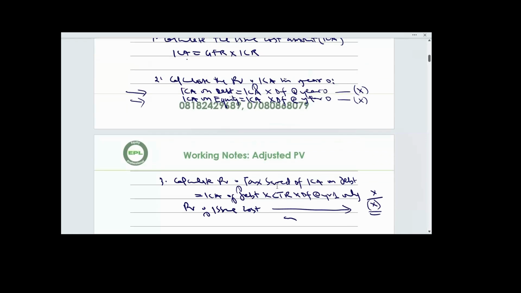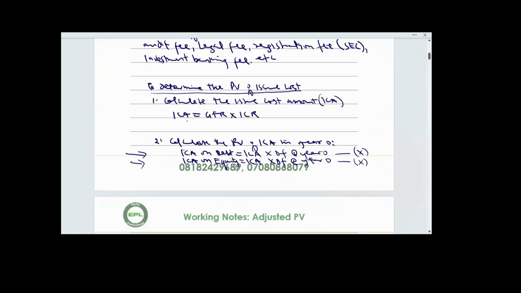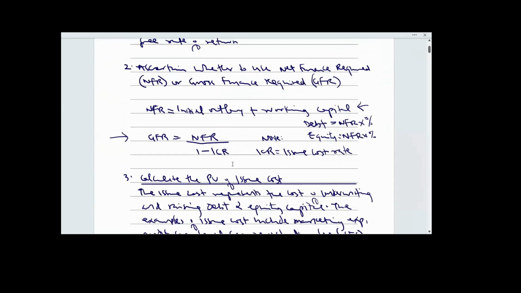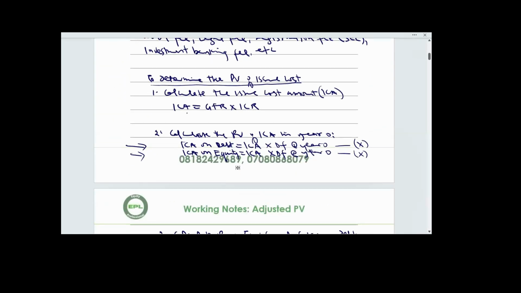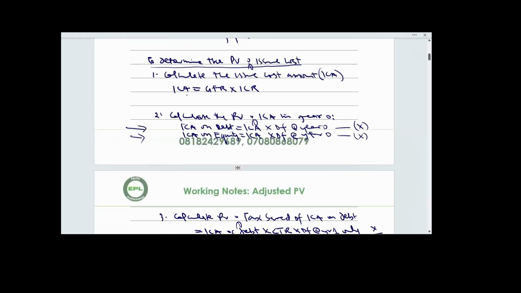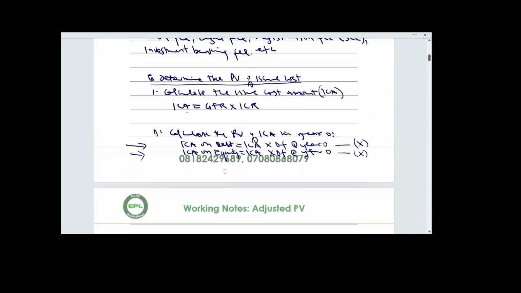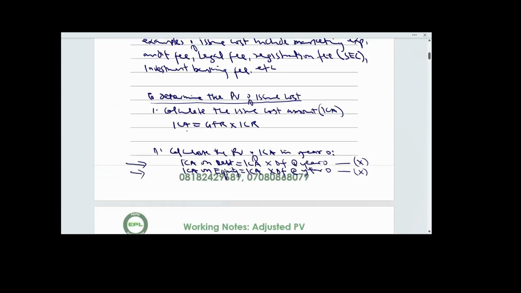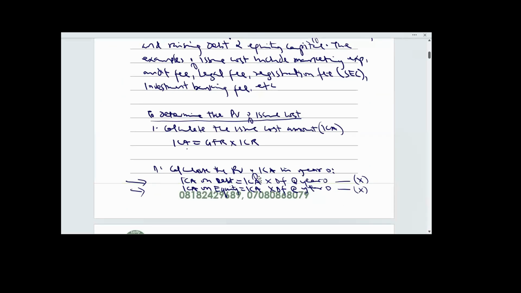Then that is one. The next one, let me use Roman figure here so that will be different. Roman figure 2, Roman figure 3. But if in this step 3 of PV of issue cost, you don't have equity in the question, in most cases you may not have equity, then you only calculate for debt.